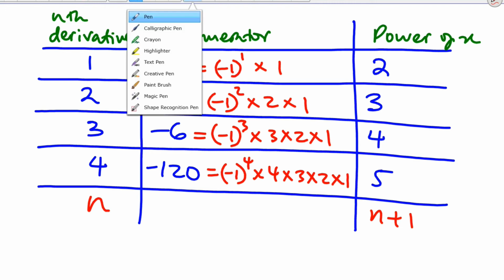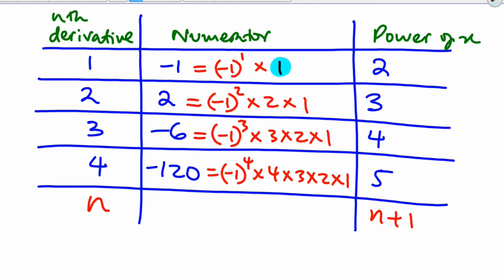Now, if you notice, these are basically factorials. 2 factorial is 2, 3 factorial is 6, 4 factorial is 24, which means that our rule for the numerator of the nth derivative will be -1 to the power n multiplied by n factorial.